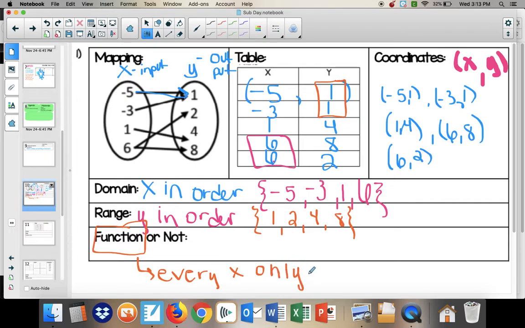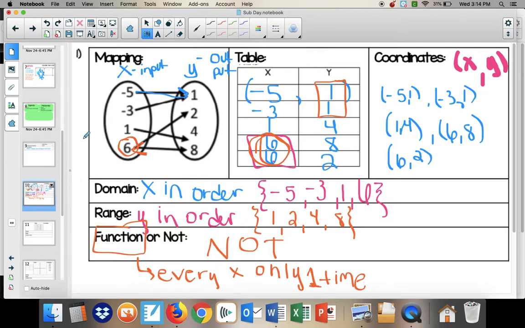If I look at my table and I have repeats of x, repeats of 6, not a function. If I look at my mapping diagram and one of the x values has 2 arrows coming out of it, not a function. So in this case, I have repeated x's, so it is not a function.